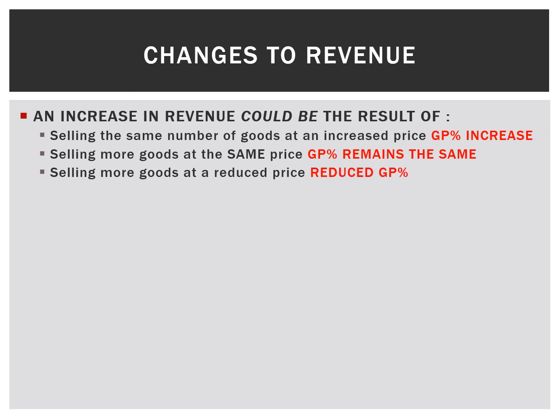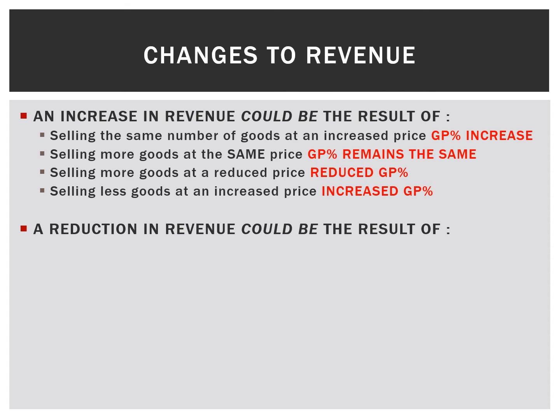Selling more goods at a reduced price is going to reduce the gross profit percentage, and selling less goods at an increased price will actually increase the gross profit percentage, increase the gross margin. Even though the actual total gross profit might go down, the percentage of revenue that's left after deducting cost of sales will still increase.